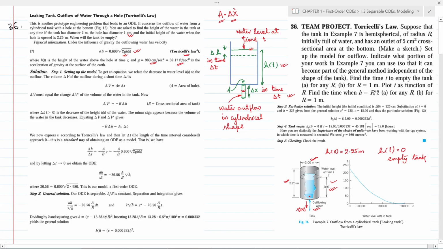Now we know that x is the distance, which can be written as v multiplied by t. So this can also be written as A multiplied by velocity v multiplied by time delta t, which is used here to calculate the volume of water which comes out in a time delta t, that is this small cylinder's volume.